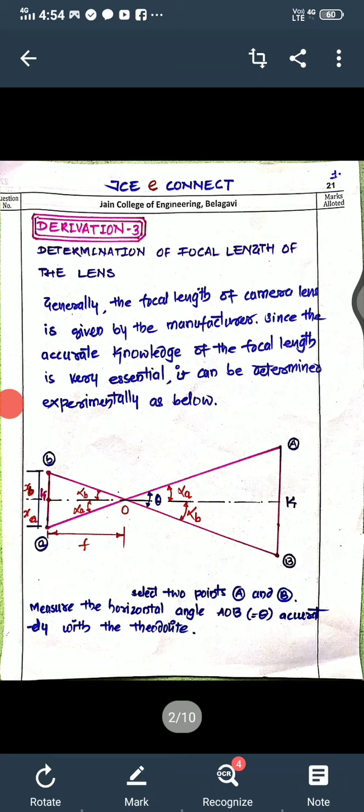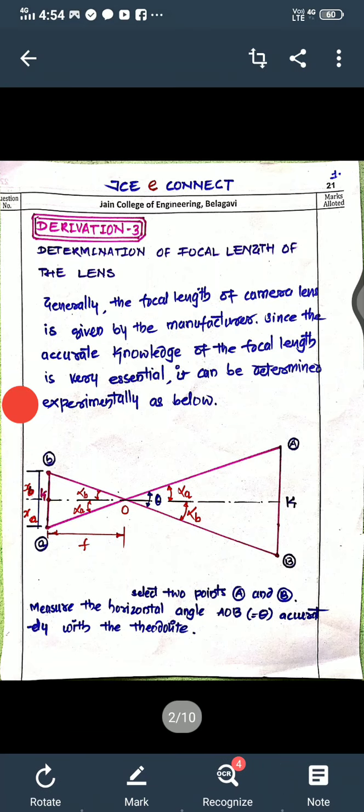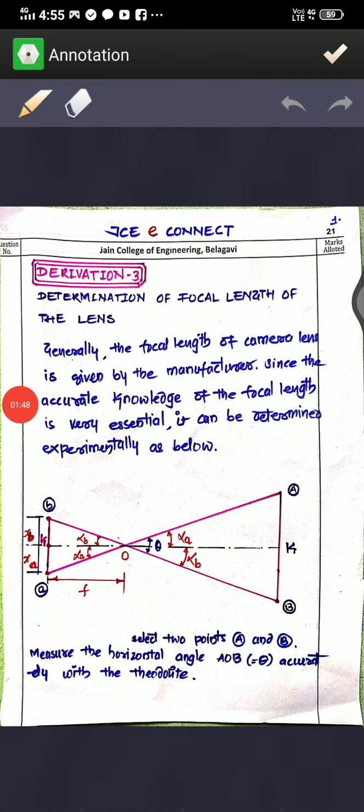This figure will give you the details about the real objects on the ground and the negative. You can see capital AB on the ground, and the negative will have small ab in the reverse manner. Here you will have two objects, object A and object B. You will have the theodolite set at exposure station O, or theodolite station, or you can call it the phototheodolite station.